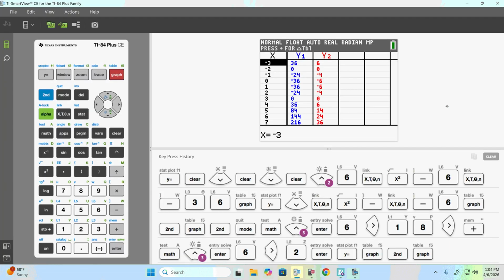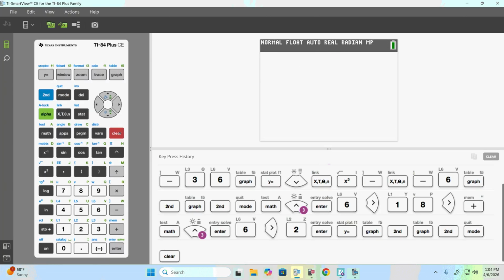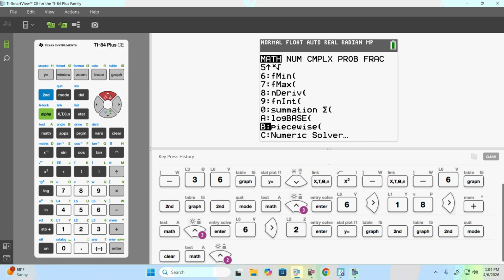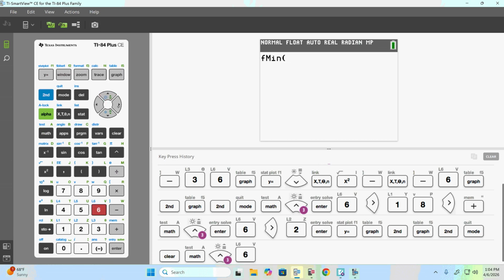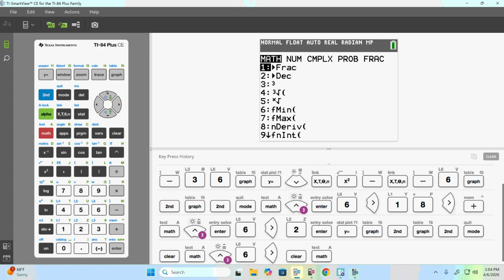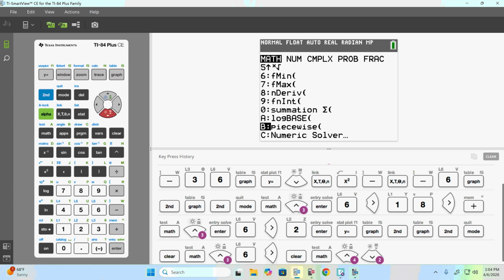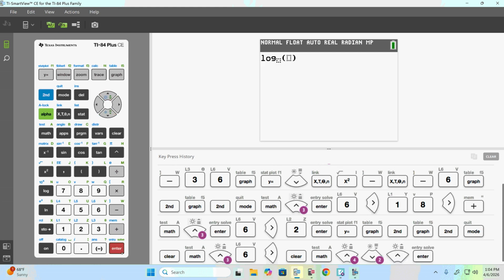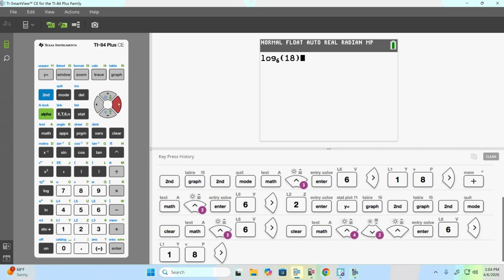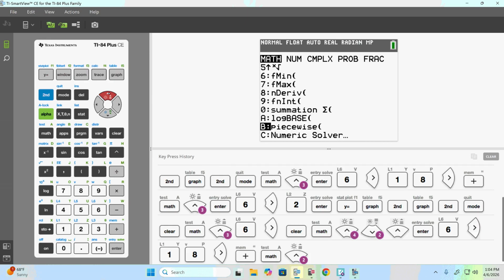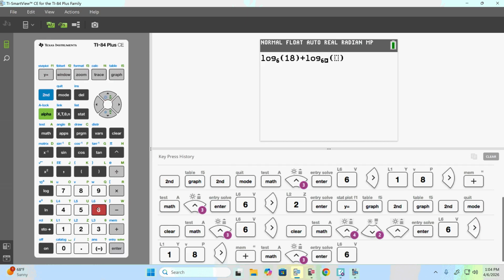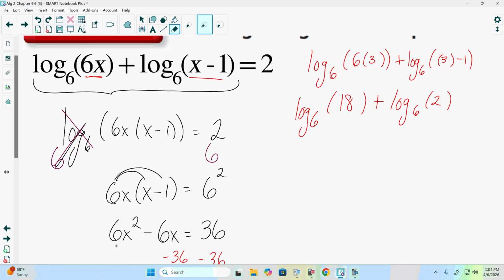We can grab the graphing calculator and say math, log base 6 of 18 plus log base 6 of 2 is indeed 2, telling us 2 is equal to 2.